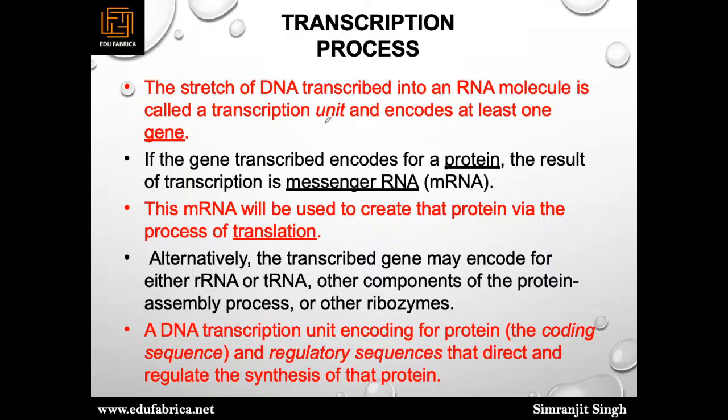During this, the stretch of DNA that has to go from the DNA into the RNA molecule should encode at least one gene. So if the gene is transcribed for proteins, the result of transcription is known as messenger RNA. So why is it called messenger RNA?